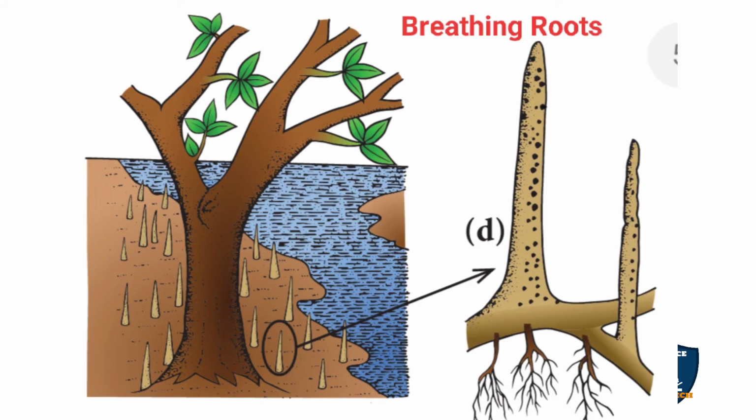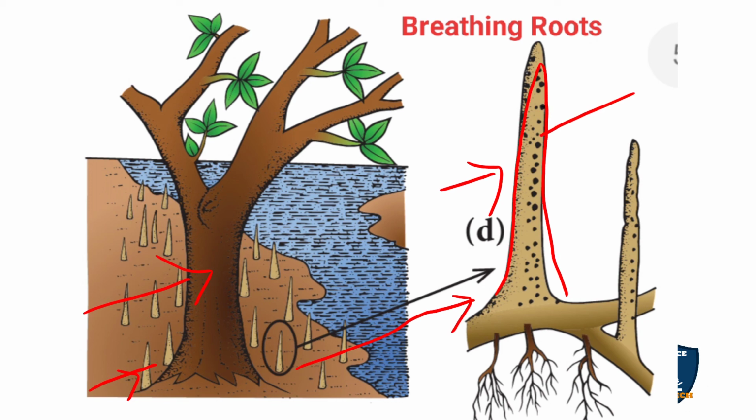You can see this is an Avicennia plant and these are the roots emerging from the soil. Those roots are called breathing roots. This is a breathing root diagram, and this is the enlargement. You can see this root is called pneumatophore or breathing root, and it has pores in it. Why do these develop?